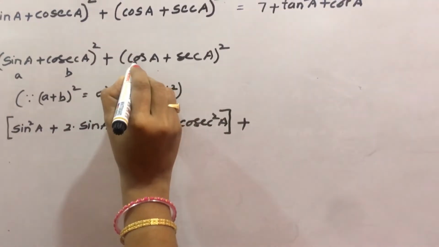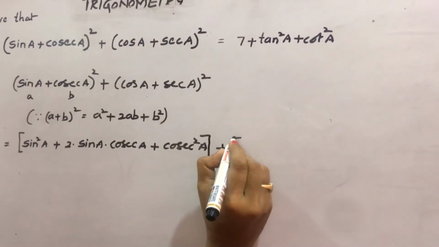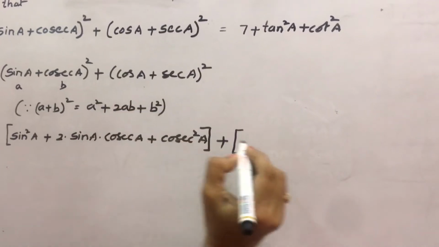This is the expansion of (sin A plus cosec A) whole square. See the expansion of (cos A plus sec A) whole square. Same, I am using this formula only.